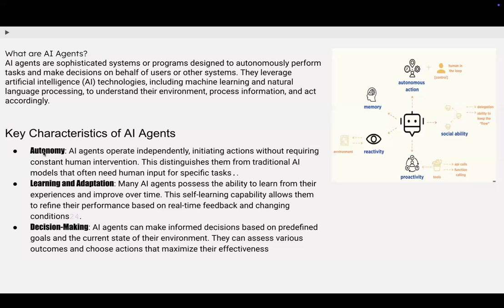As soon as a qualifying event occurs, they can kick off. They learn and they adapt. They can change themselves, so nothing is hard coded there. Decision making: they can learn from past interactions and take decisions accordingly. That's why they are much smarter.